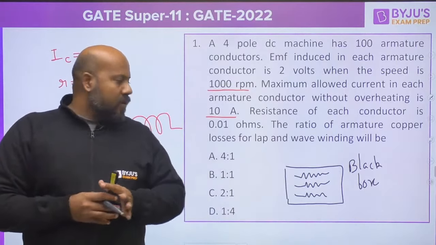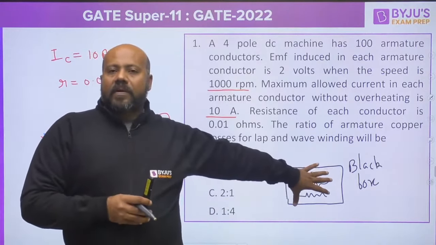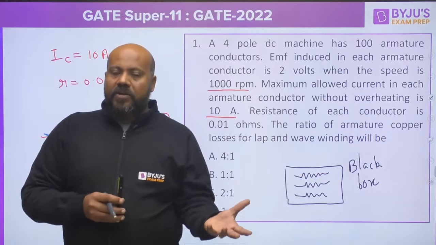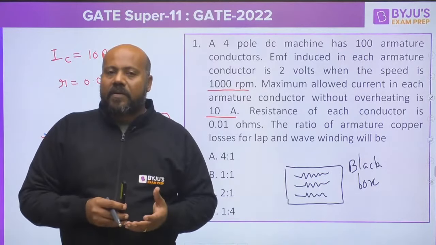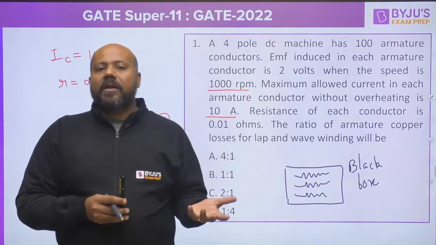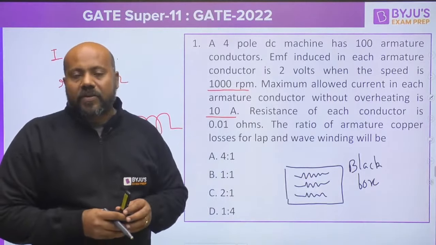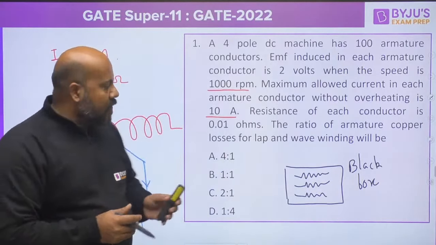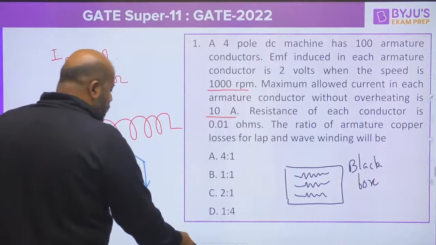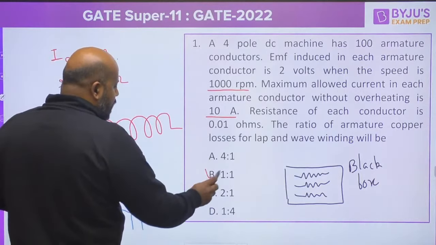Yes or no? For a given number of resistances, you cannot change the amount of power, whether it is a loss or a general power. That is going to be constant. The product of voltage and current is going to be constant. So with a little bit of common sense, you can solve this question very easily without even calculating, that it is going to be 1:1.